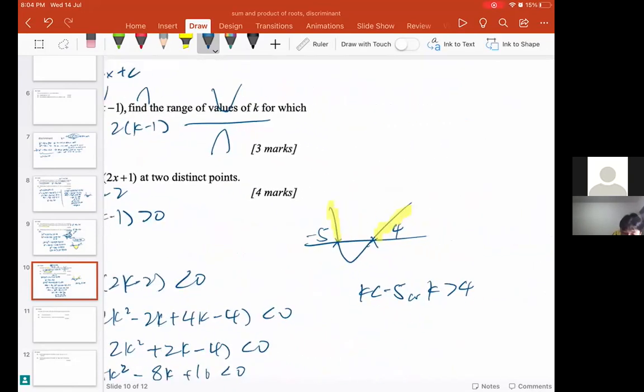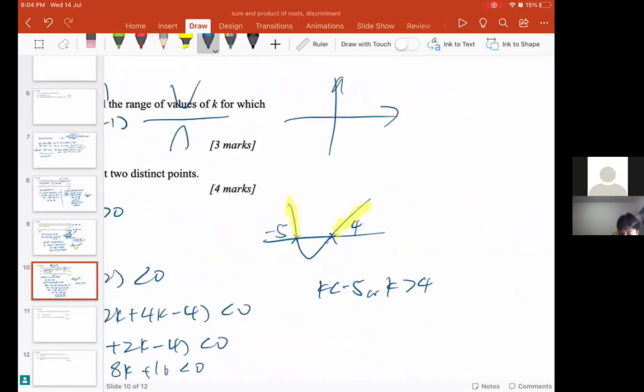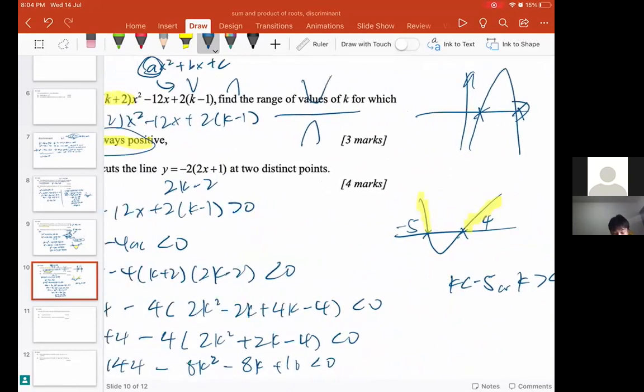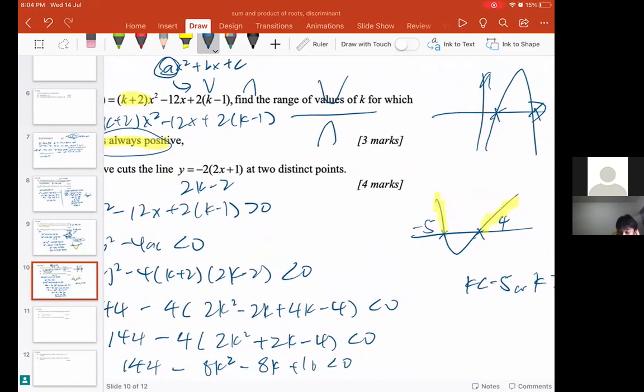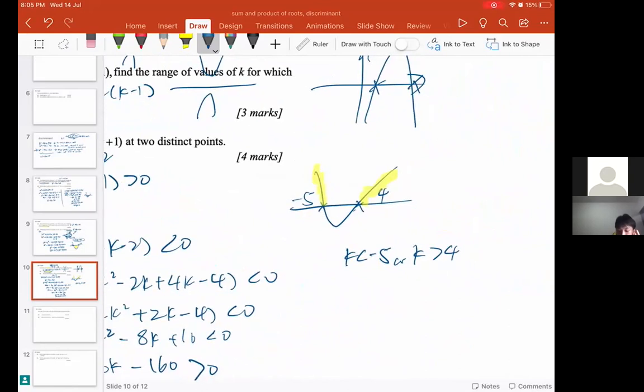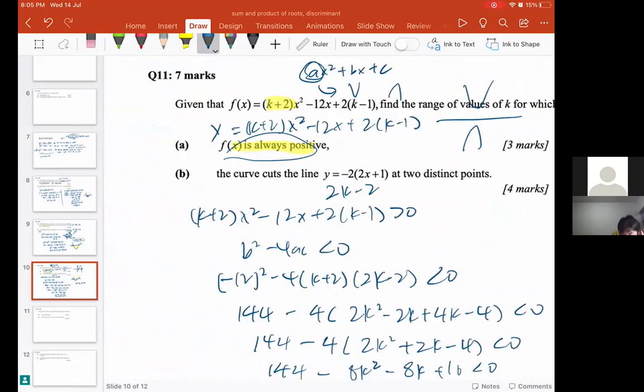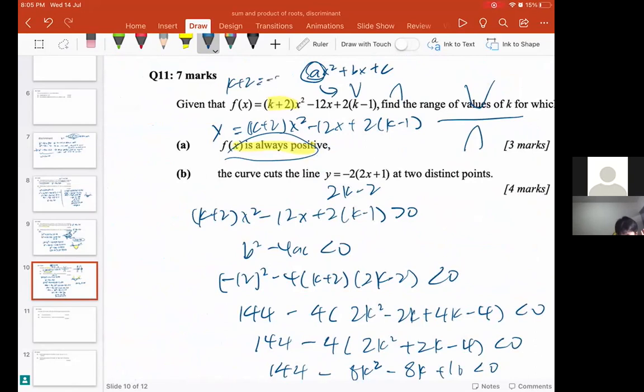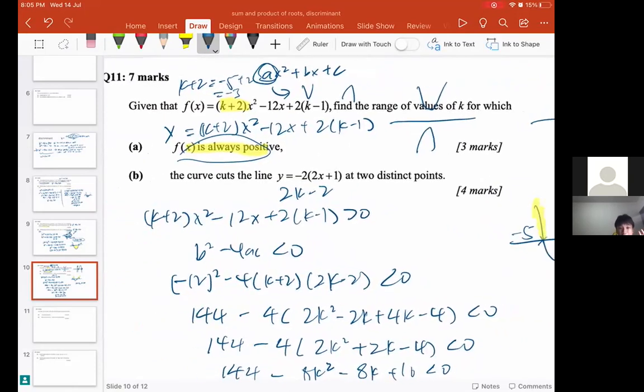It simply can't. Graphically, it would have to pass through the x-axis, so there'd be parts that are negative and positive, and it won't fulfill the requirement. Therefore, our value of a, in this case k plus 2, must be greater than 0. As such, if k equals minus 5, our value of a, k plus 2, will be minus 5 plus 2, which is minus 3, which means we get an unhappy curve. If we get the unhappy curve, it does not fulfill the requirement of f(x) being positive.